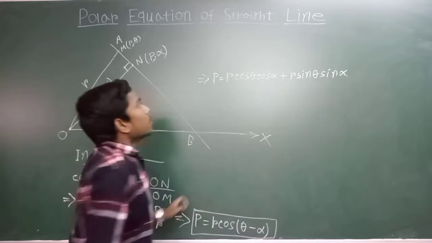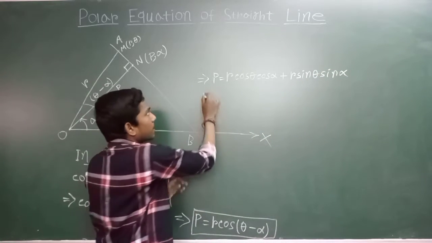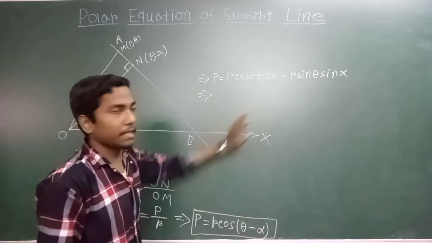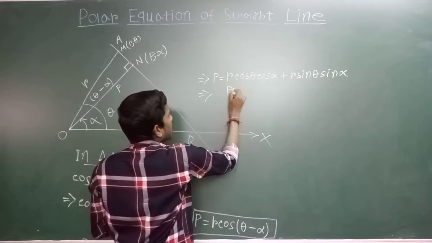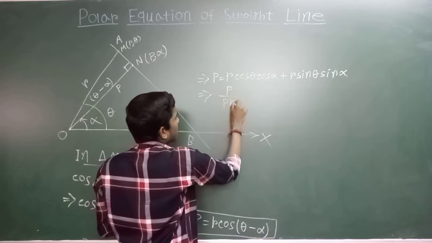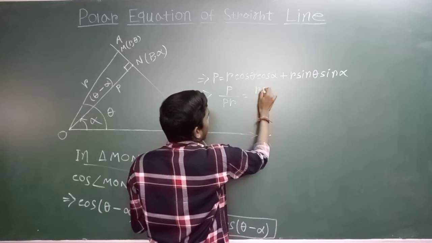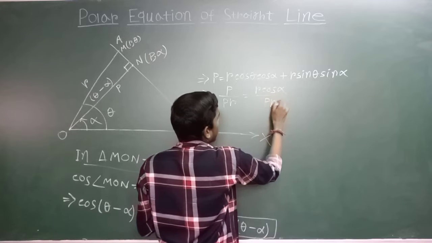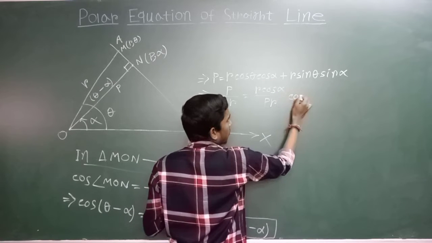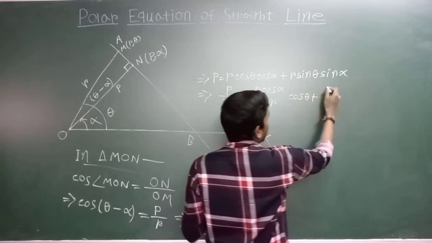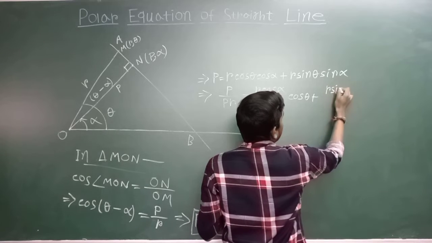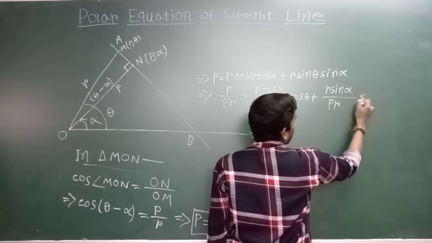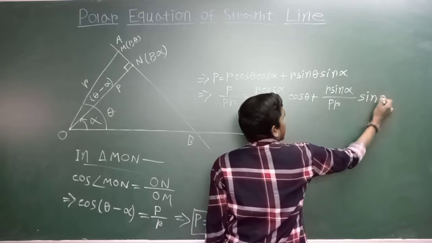So from here, if we divide both sides by P r, we will get P by P r is equal to r cos alpha by P r into cos theta plus r sin alpha by P r into sin theta.